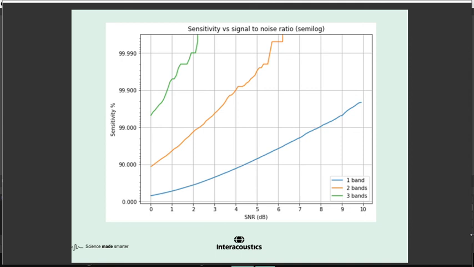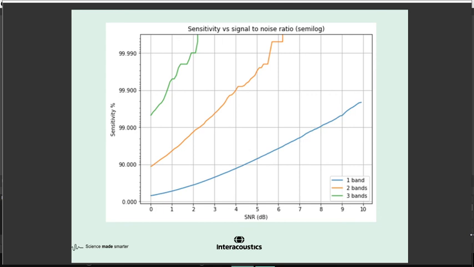If you have a signal to noise ratio that's too low, sometimes the noise will look like an emission. So we do these tests literally tens of thousands of times on our noise recordings. We look at what the pass rate is with different numbers of bands and different signal to noise ratios, and we plot that as sensitivity curves. And that's what this graph is.